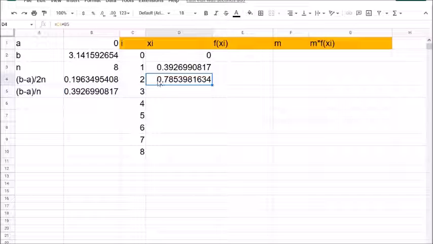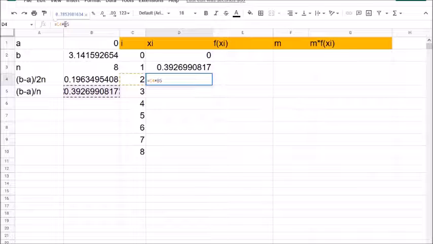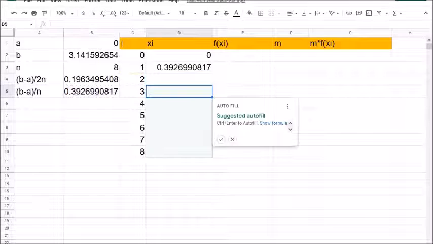And notice right here, in this formula, the C4 will change, but the B5, we want this number to stay constant. And so what we do is we put the dollar sign in front of the B and the dollar sign in front of the 5.